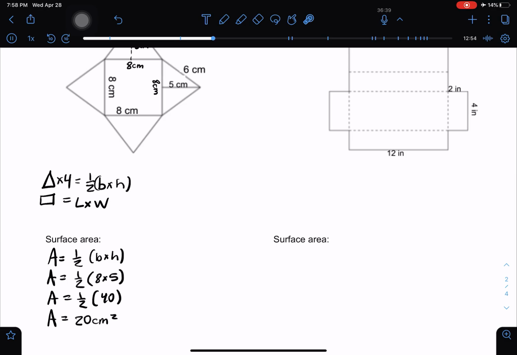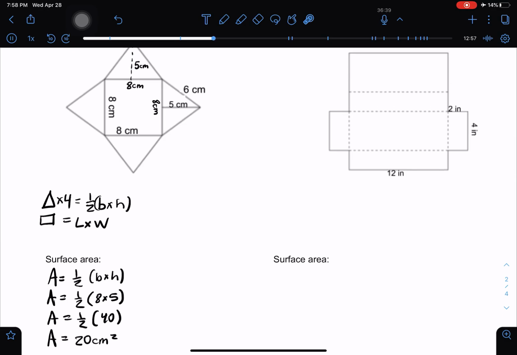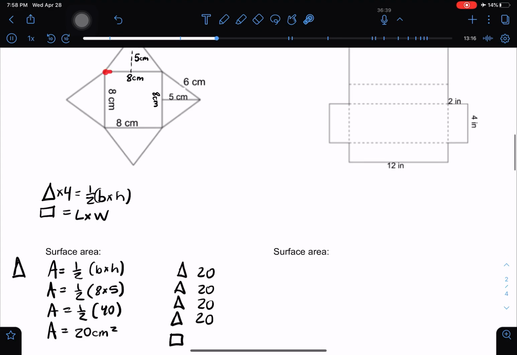Now this is for one triangle, so I know that I have a total of 4 triangles. So I'm going to go ahead and either multiply by 4, or you can write this as 4 times, and then add the area of the last shape, which is that square at the very end.